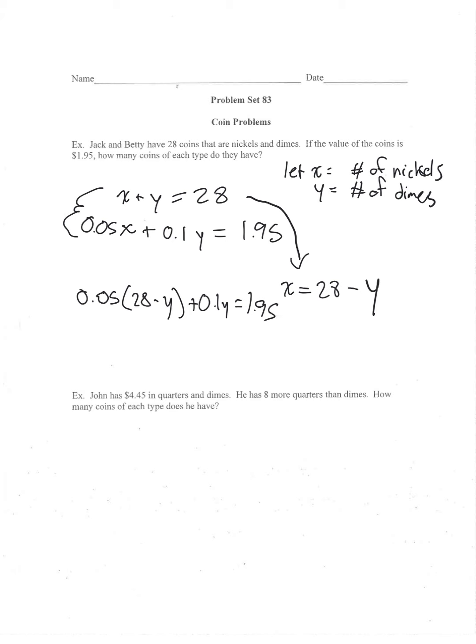I'm going to distribute my 5 cents. So I get $1.40 minus 0.05 y plus 0.1 y equals 1.95. I can combine like terms here.